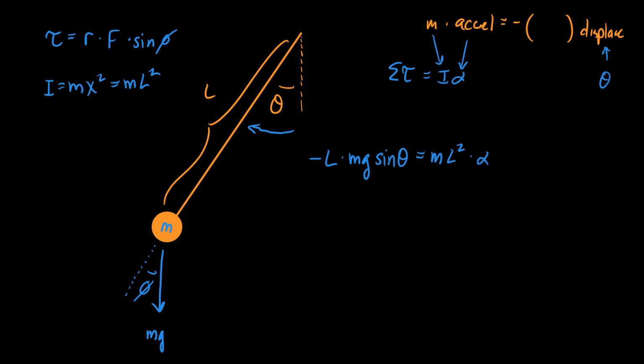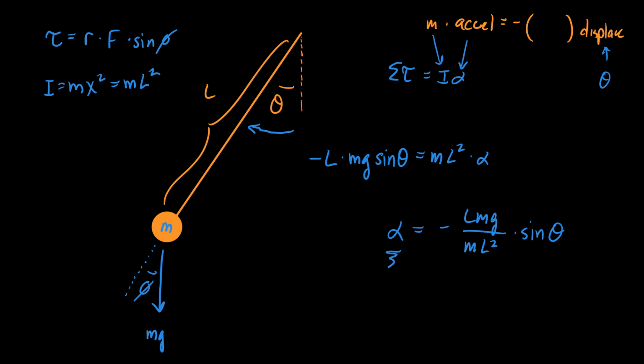Look closely. This might be hard to see. I need to solve this for the acceleration. When I do, I get minus LMG over ML squared times the sine of theta. This looks super close.